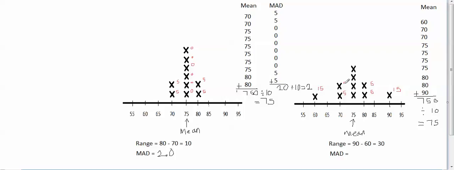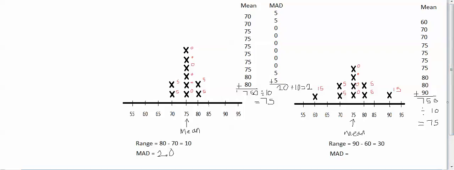And these exam scores are 0s again because they're equal to the mean. So we do have some 0s in here, and we do have some 5s, just like we did in the first class. But we also have these two 15s. We have these two bigger distances, and these two 15s are going to bring up the average and cause us to have a higher MAD.